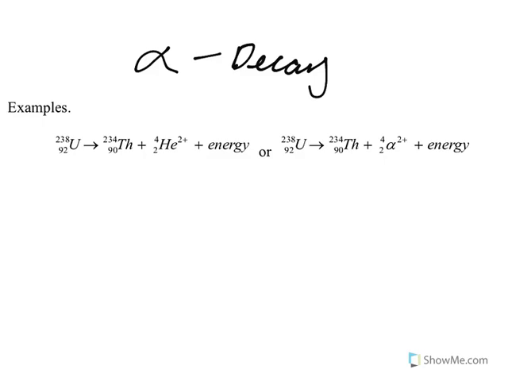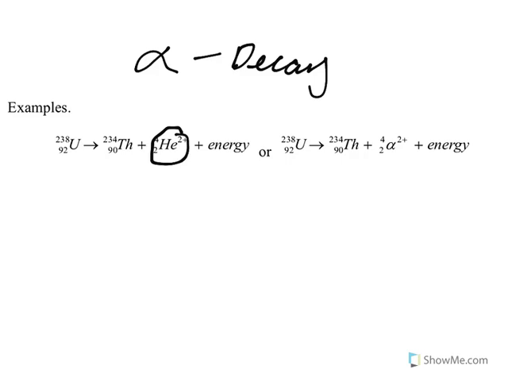So let's have a look at alpha decay first of all. In your notes there you've got this as an example. There's a couple of examples, and this is the first one. So notice uranium-238, I've already mentioned that decays via alpha, so this is our alpha.